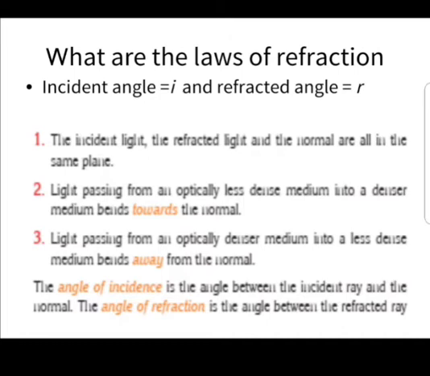This is the first law. The second: light passing from an optically less dense medium into a denser medium bends toward the normal, and light passing from an optically denser medium into a less dense medium bends away from the normal.